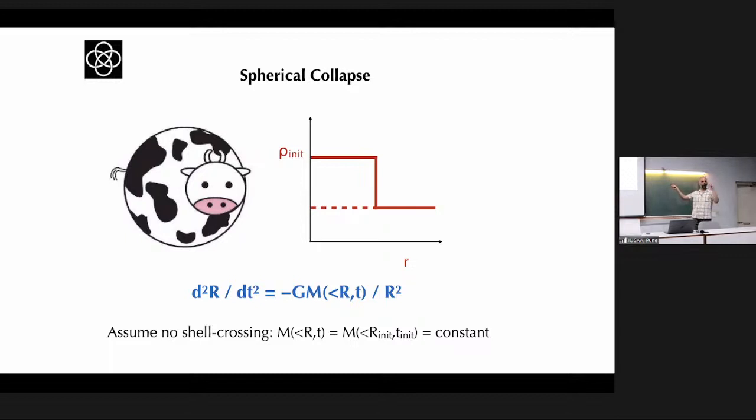Okay, and once you know how the location of the boundary changes as a function of time, you can solve this entire problem analytically. Okay, so you can take that system of equations, Euler, continuity and Poisson equations, and you can convert it into a single differential equation for the location of this boundary as a function of time. Okay, and that equation is given here.